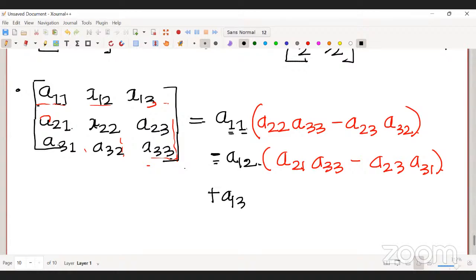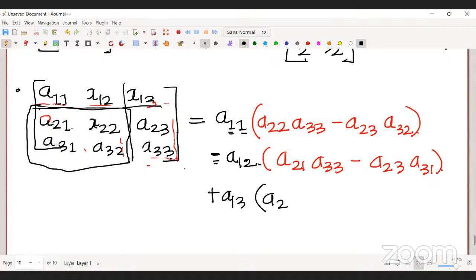For a13, you ignore the first row and third column, and take the determinant of the remaining matrix, a21 a32 minus a22 a31. This is how you compute the determinant of a 3 cross 3 matrix.